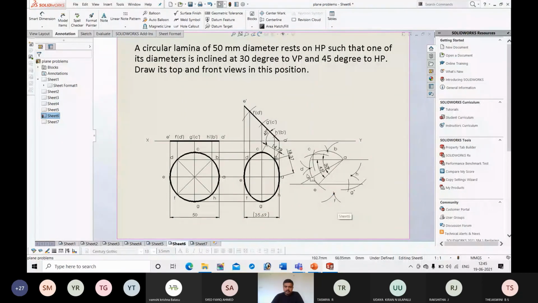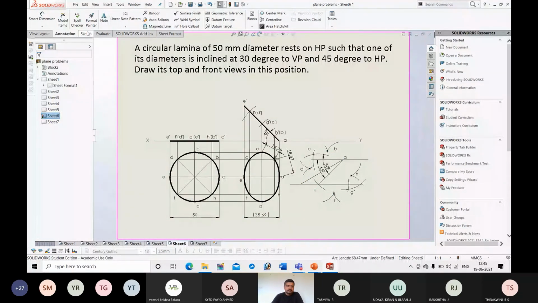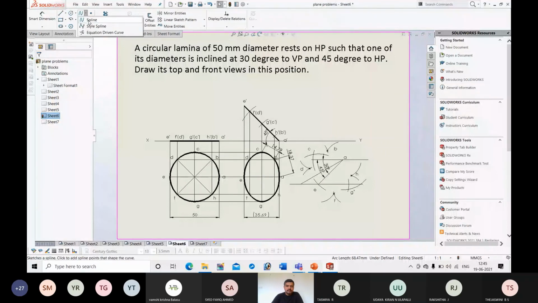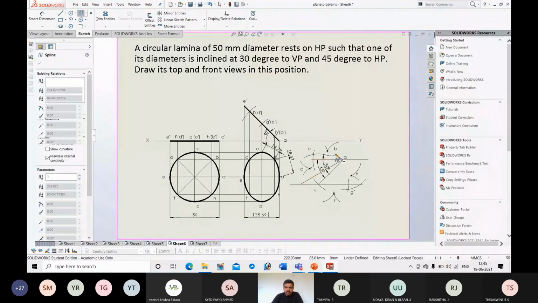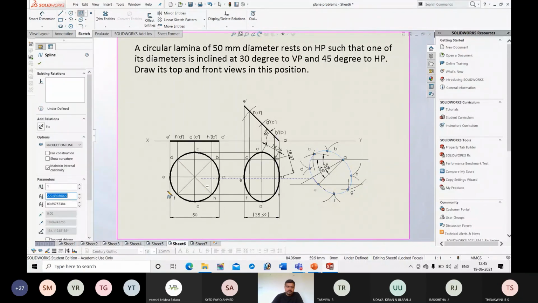Okay, next I will connect all these points. Connecting freehand without any instruments: A to B, B to C, C to D, D to E, E to F, F to G, G to H, and H to A. Like this. Then I will increase the thickness.